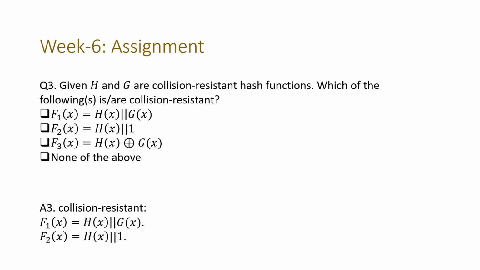Just like the previous example, here you cannot say that H of x1 XORed with G of x1 equal to H of x2 XORed with G of x2 will somehow be against the collision resistance property of individually H and G. So that is not the case.